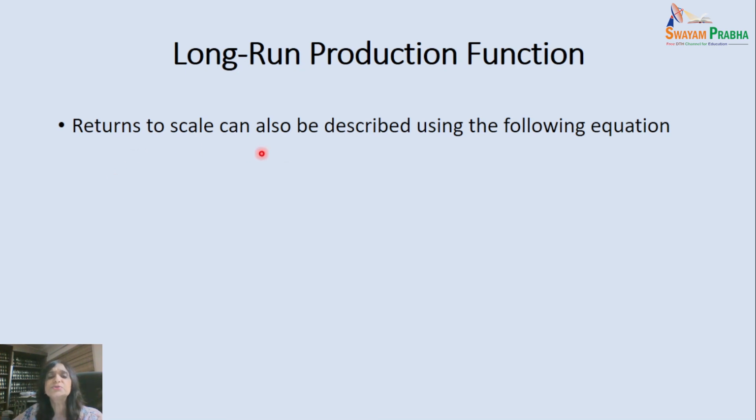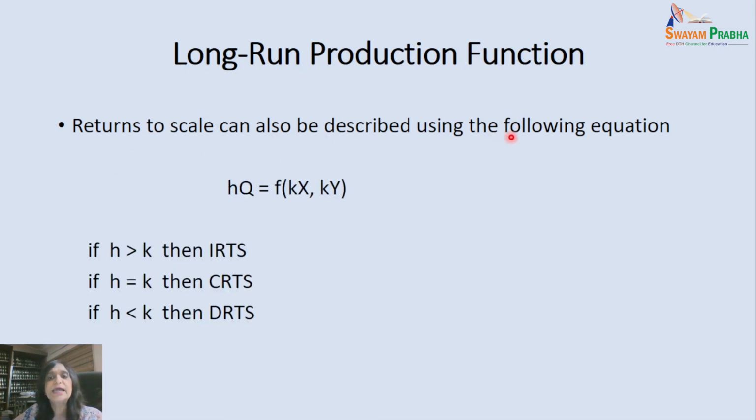Now these returns to scale again can be described using this particular equation. If Q is a function of x and y, that is, your output is a function of two inputs x and y, and both x and y are changed by the amount of k. That is, you are changing x by amount of k and y also you are changing by amount of k.